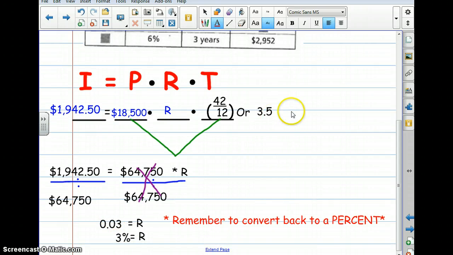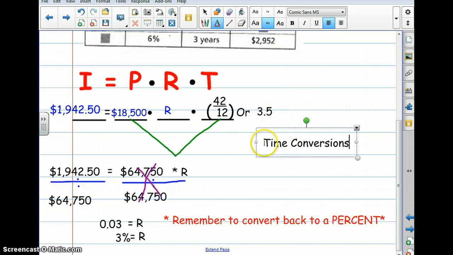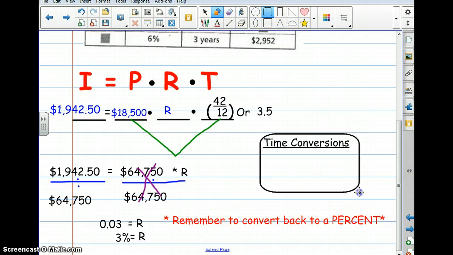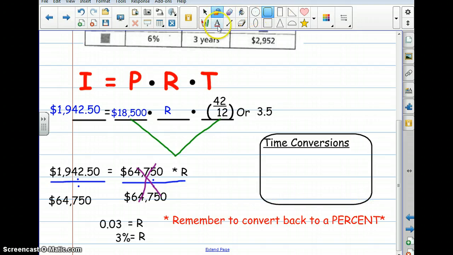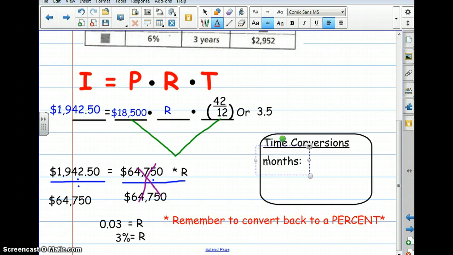Okay, so in your notebook, the one thing I do want you to include is on time conversions. So go ahead and put this in your notebook. If a time is given to you in months, it's the number of months over 12.